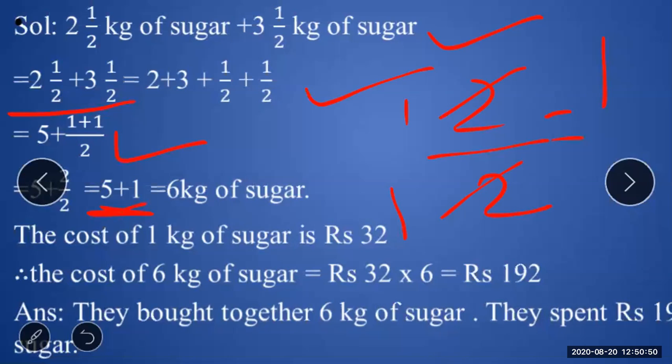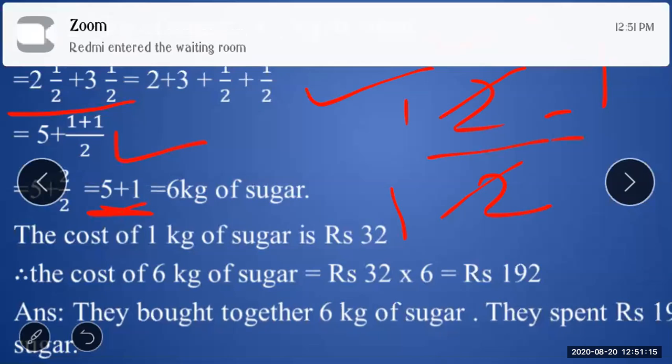See students, once again I am repeating this sum. Here 2.5 kg of sugar was Shreyas's and 3.5 kg of sugar was Ashish's. Now they bought all together, so we have to add. So we have written 2.5 kg of sugar plus 3.5 kg of sugar. So 2.5 plus 3.5 becomes 2 plus 3 plus 1 upon 2 plus 1 upon 2.